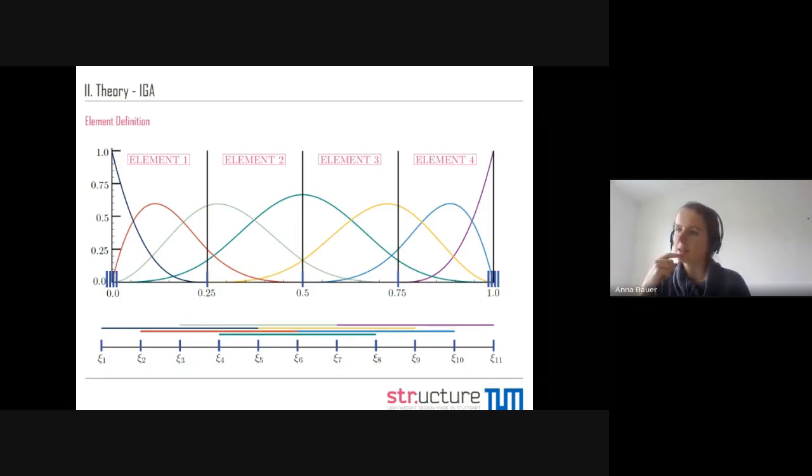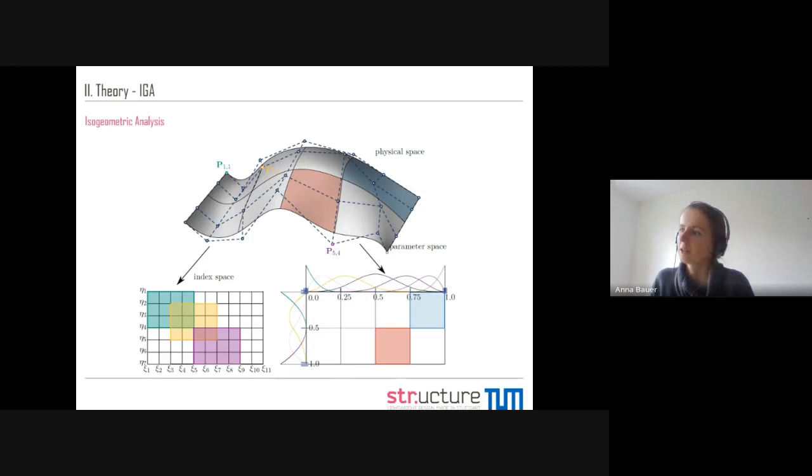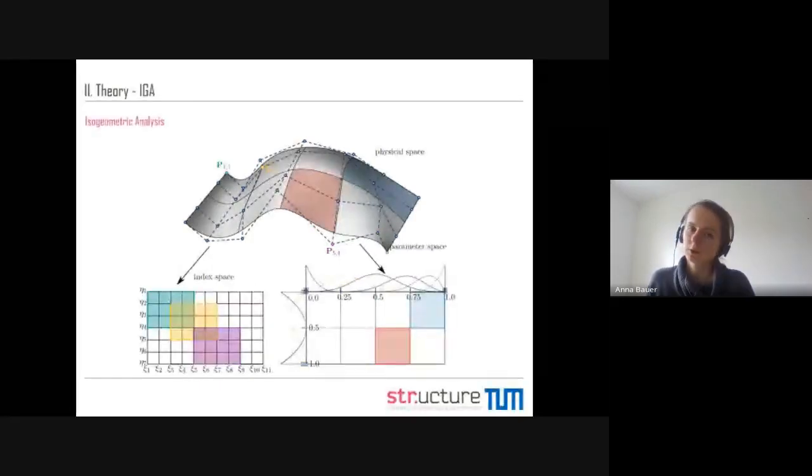In this case, there are always 4 basis functions which are not 0. And for a surface, it's basically the same: you can identify the element in between two isocurves in each direction, and also generate by this the influence of the control points.